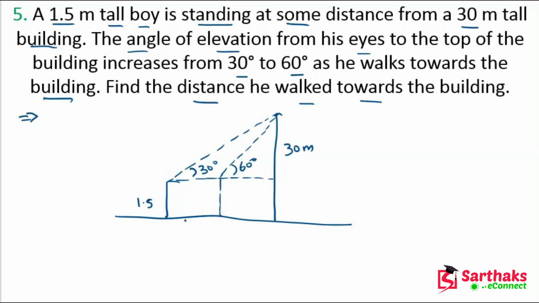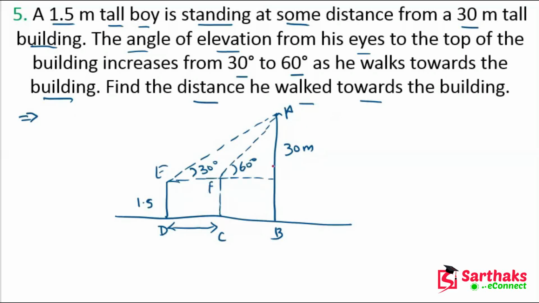Now we have to find the distance he walked towards the building. Now we have to find this distance. Okay, now let's suppose this is A, B, C, D, E and F. Okay, my dear friends.